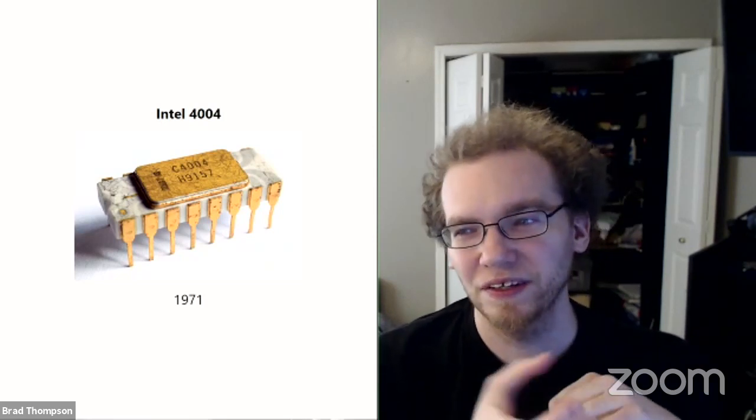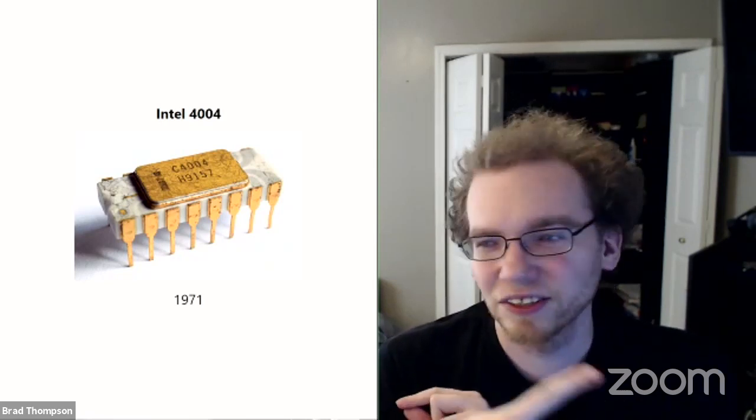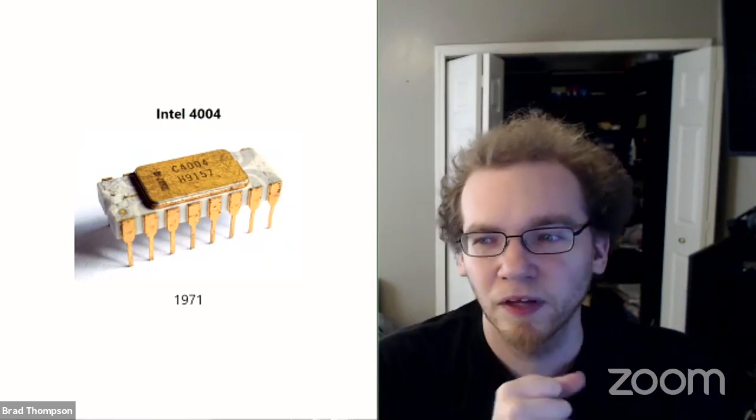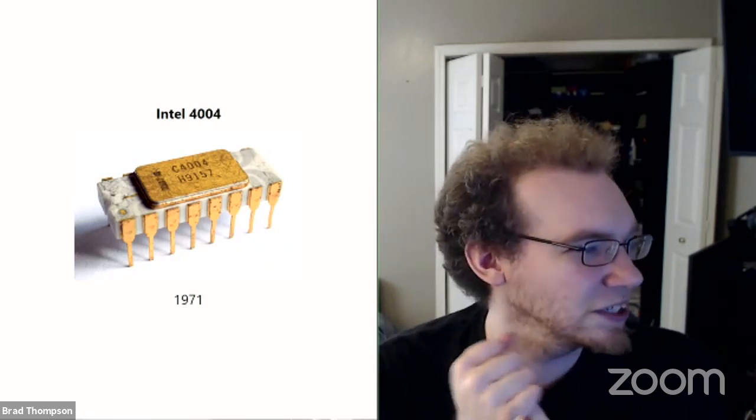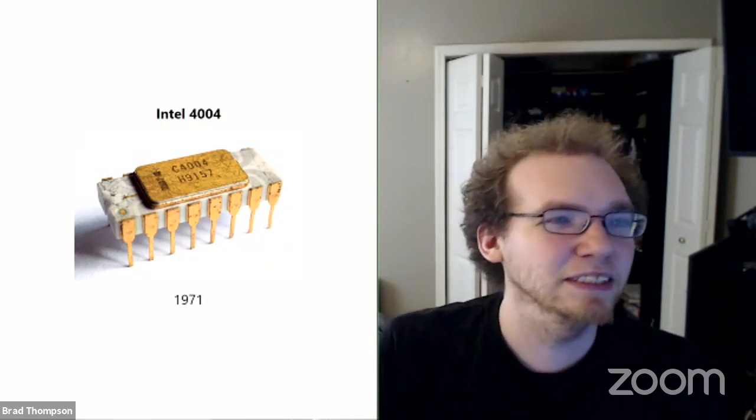Along with it, Intel released a couple of support chips to be a clock for actually driving the circuit, memory chips to actually store data, and some other accessory components used for interfacing keyboards or other input and output devices.